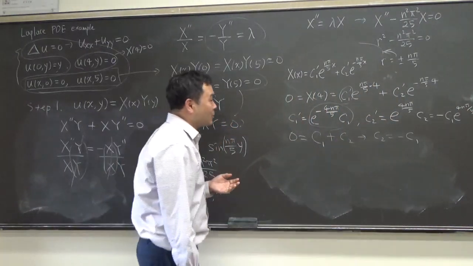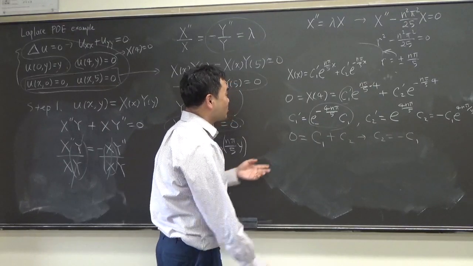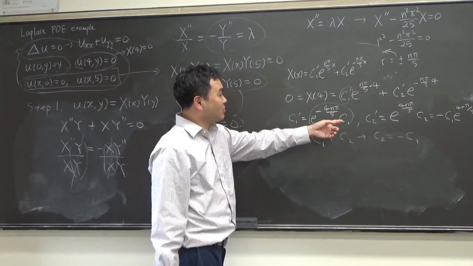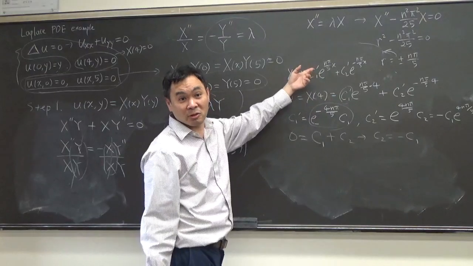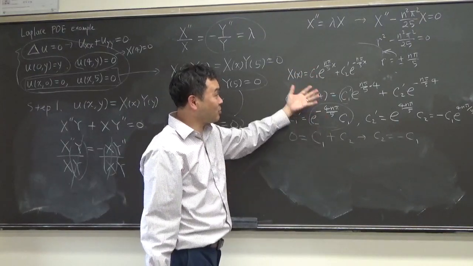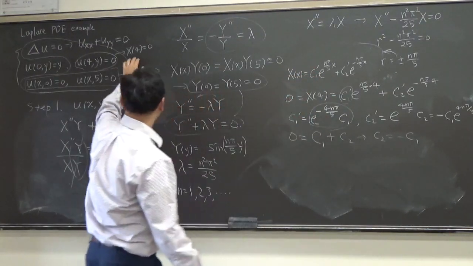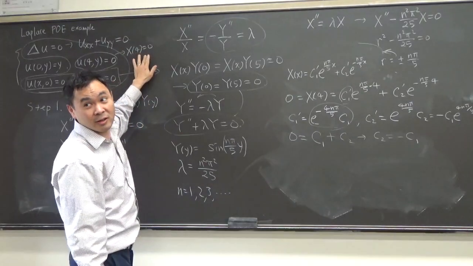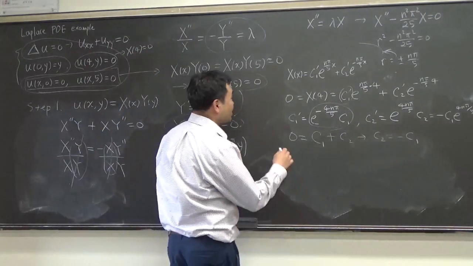And then just plug these C1 prime and C2 prime into the original one, because I know that that should be the general solution satisfying X of 4 equal to 0, right? Let's see what happens then. Then this is what you get.